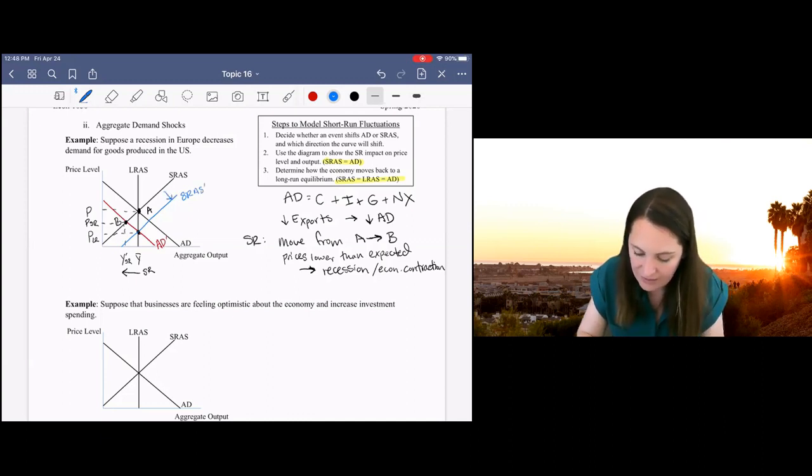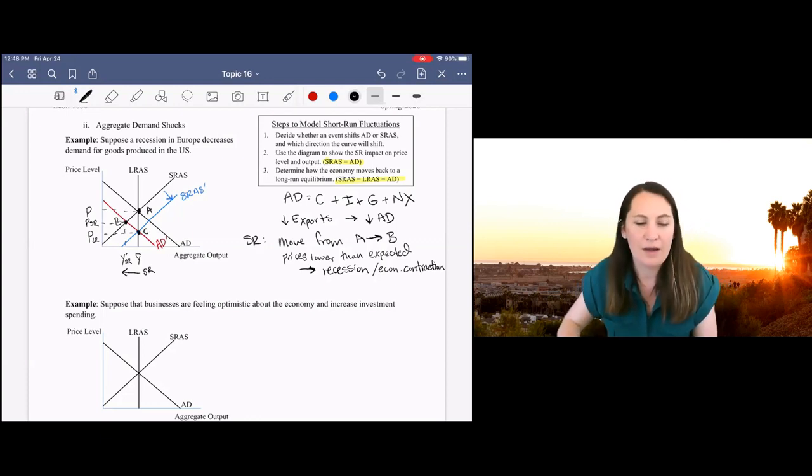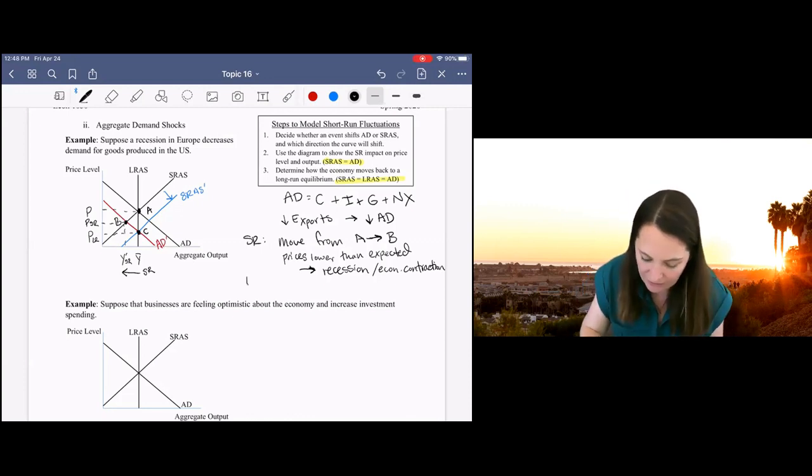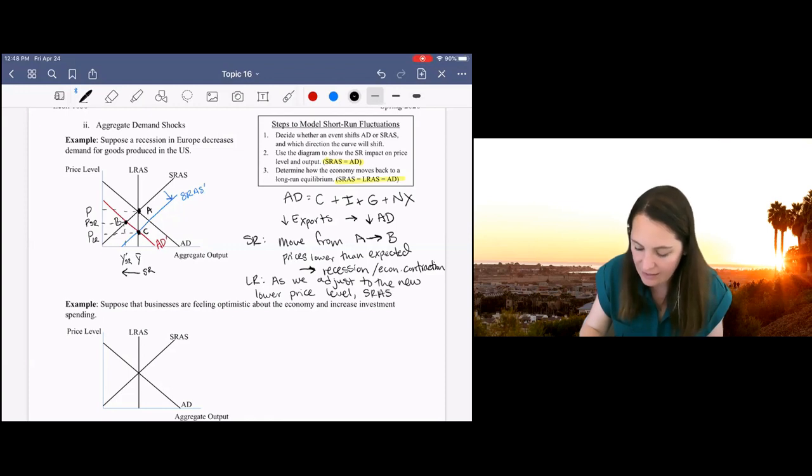in order to bring us back to a long run equilibrium at the same level of output as before, simply with a lower price level. So in the long run, as we adjust to the new lower price level, short run aggregate supply will shift out, right?